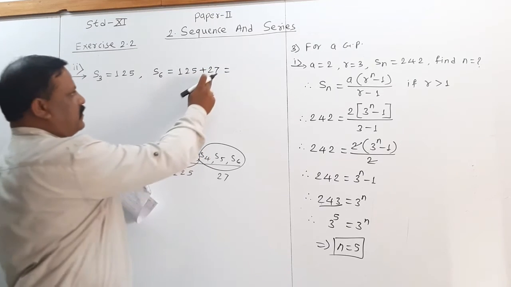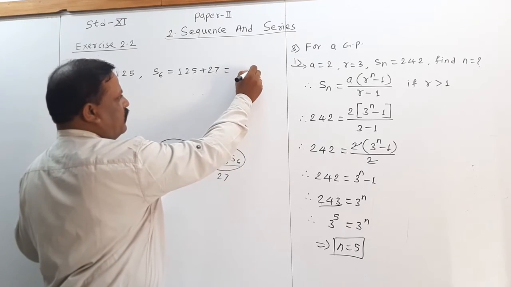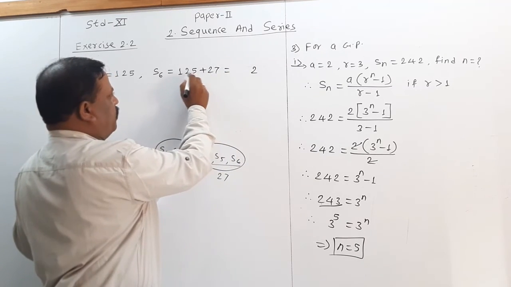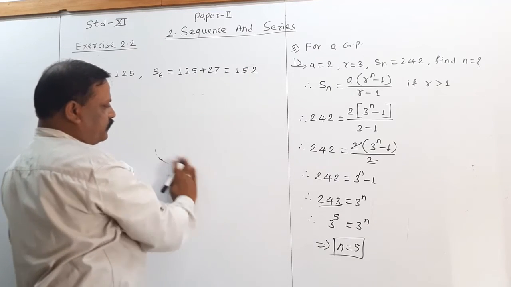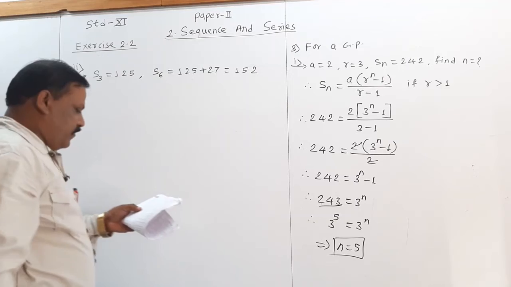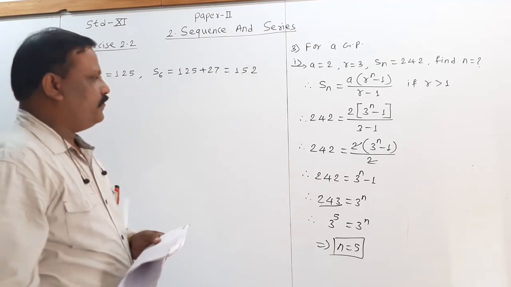That addition 7 plus 5 12, 1 is carried, 3 plus 2 5, so we get 152. And then we calculate the R means common ratio.